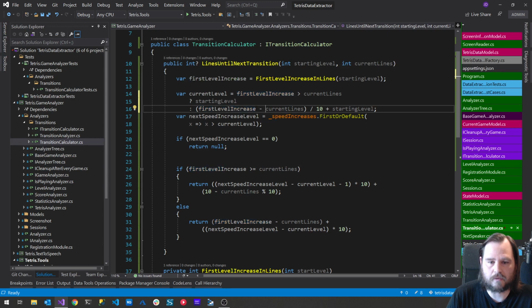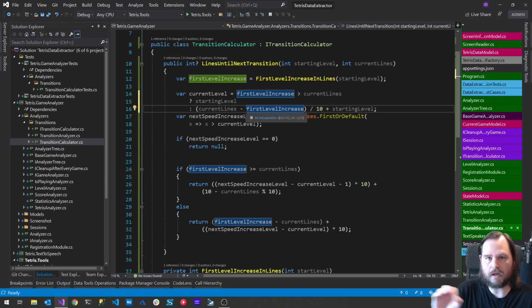Oh, no, this is right. Current lines is bigger. So let's say we started on 15 and we're at 125 lines. Okay, so we will be on level 18. That's the answer I'm trying to get to.